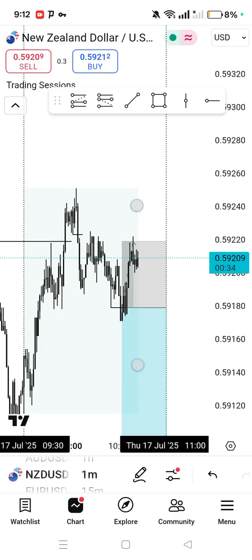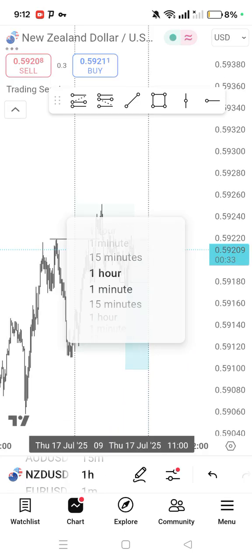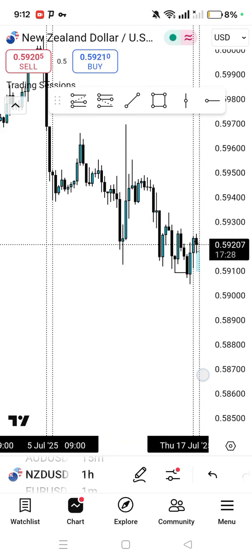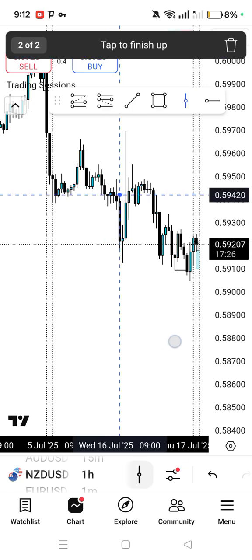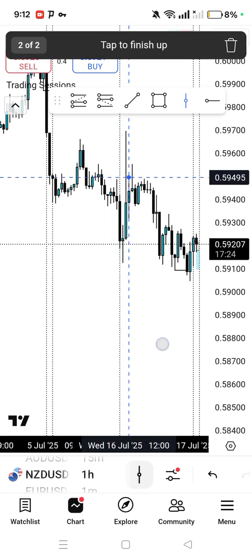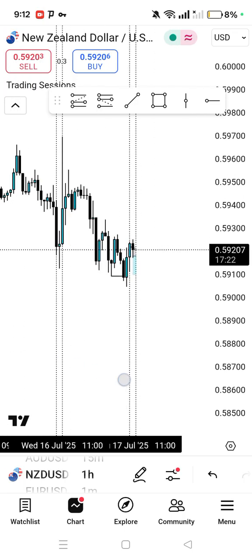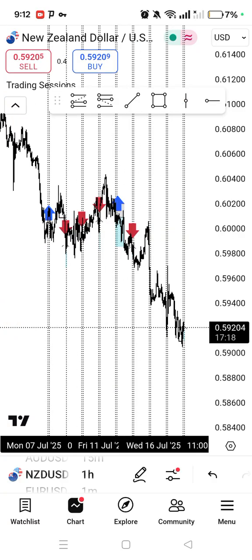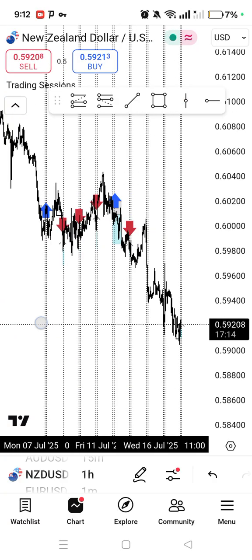That was a very valid trade. I think all my NZD doesn't have a good track record. But whatever.